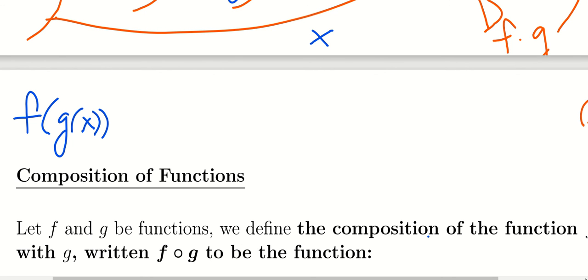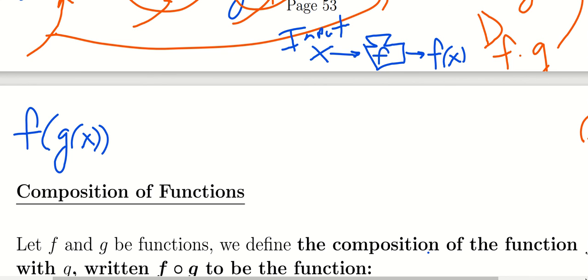You think of x as being your input. F is some kind of rule. Think of it like a machine or a function. A lot of times it's an equation, but it could be a graph, a table, or a chart that tells us how to assign a value to the input of x, and that gives us our output. So our input is x, which is in the domain, and then we get this output from this function, which we label f of x.